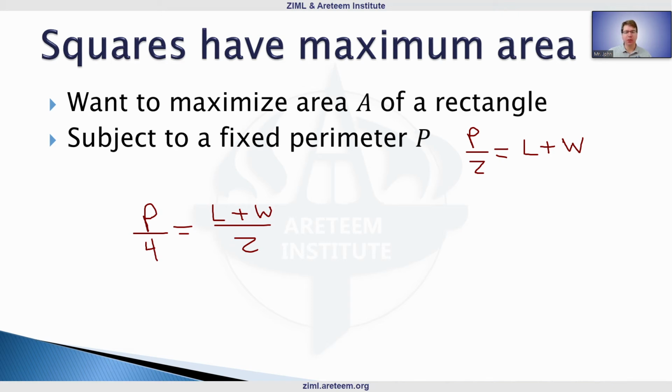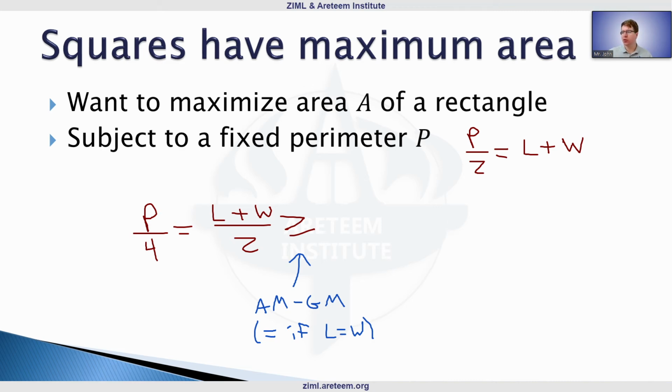But now, where does our AM-GM stuff come in? So AM-GM here, let me write this at the bottom here. This is our AM-GM. And we're going to have equality if L is equal to W. So we know exactly when this is equal in this case too.